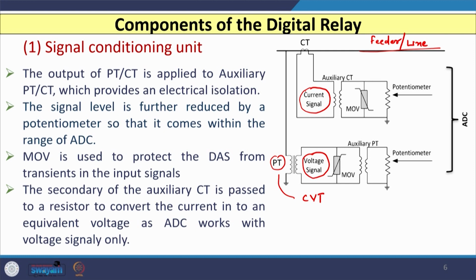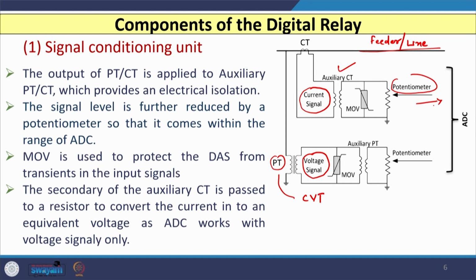These signals, the CT secondary and the PT or CVT secondary, are given to the auxiliary CT in the case of the current signal. This auxiliary CT further scales down the current value, and it is then connected with the potentiometric arrangement. The output of this is available in the form of voltage. The equivalent value of current is converted into voltage, which is further given to the analog to digital converter so that it can be converted into digital form.